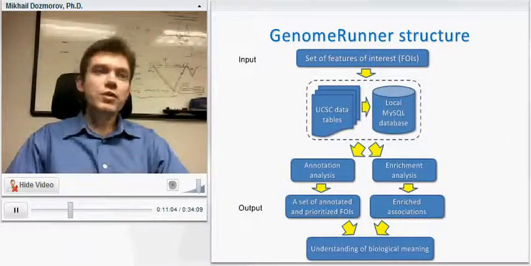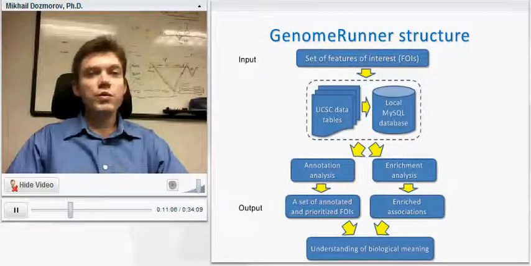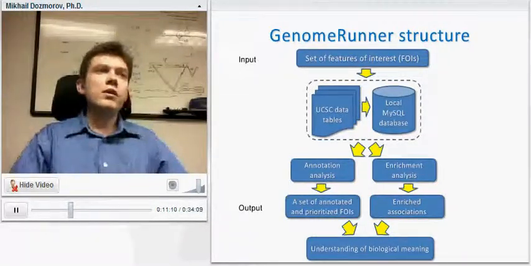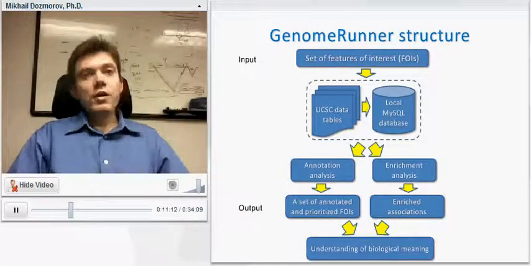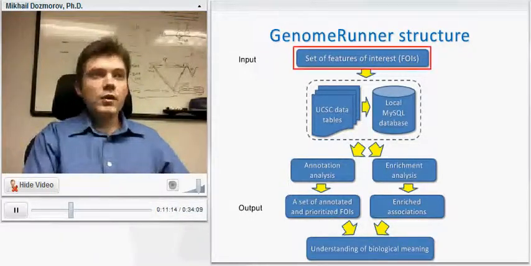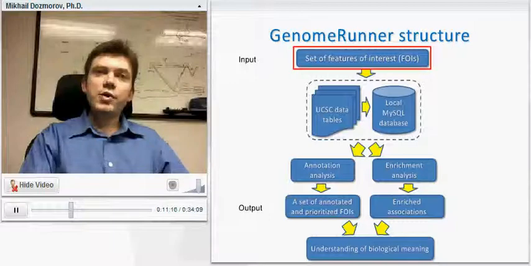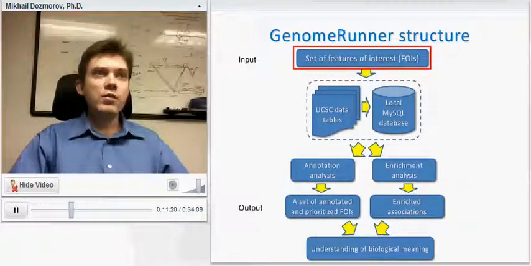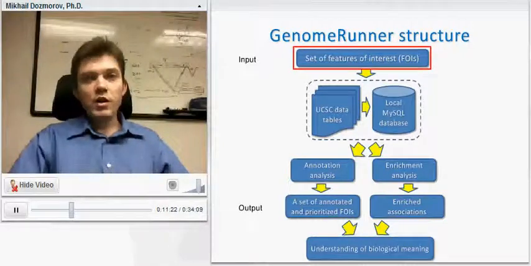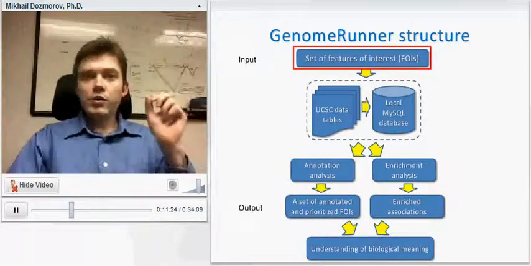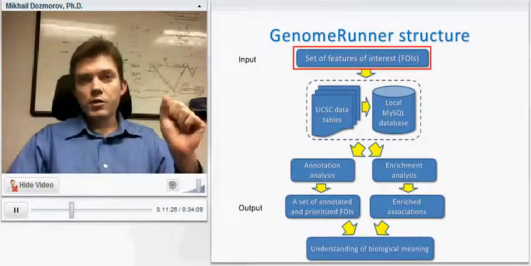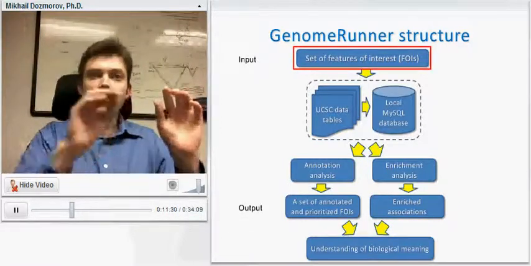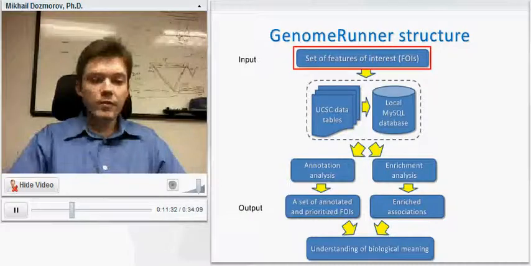Genome Runner was designed to answer both of those questions, and you can see a schematic diagram of how Genome Runner works. You have to provide Genome Runner with input, and your input is a set of features of interest. You have to provide coordinates of your features of interest: at which chromosomes they are located, where they start, where they end.